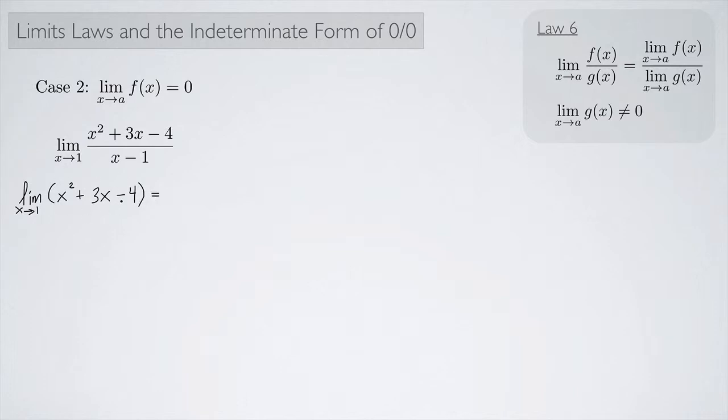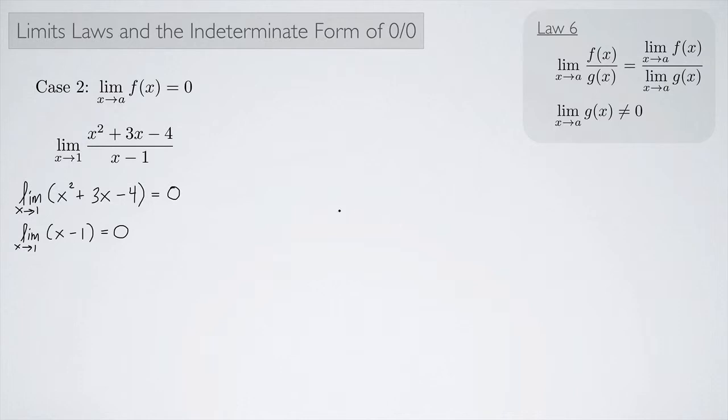We can use the limit laws to evaluate this. We would get 1 squared plus 3 times 1 is 3, so this would be 4 minus 4. This is indeed 0. And for the denominator, the limit as x approaches 1 of x minus 1 also equals 0.